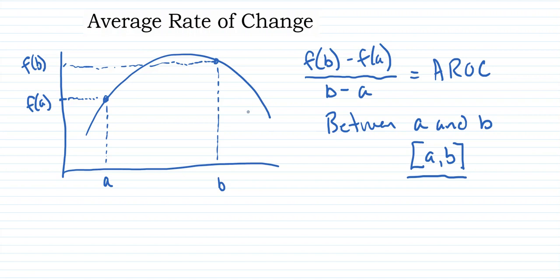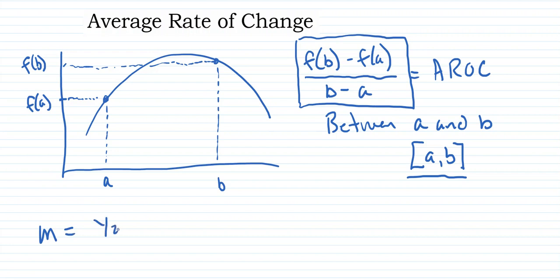Well, an interesting thing about this formula here, the average rate of change formula, is that it looks very similar to the slope formula between 2 points. Remember that slope, which we usually use an m to represent, is the difference between two y values divided by the difference between two x values.